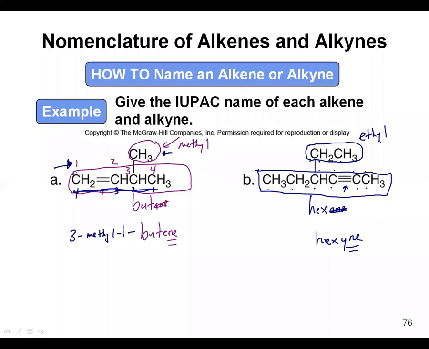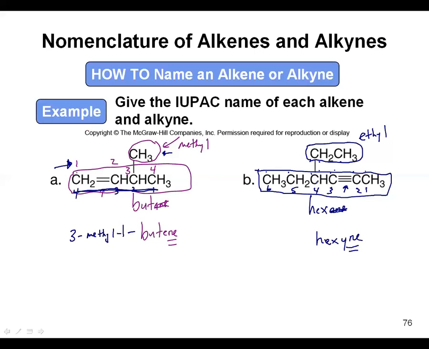Going right to left looks like it will do that. We'll go 1, 2, 3, 4, 5, and 6. Again, going right to left gives our triple bond the number 2. If we went left to right, our triple bond would end up at carbon 1, 2, 3, and 4. So again, going the opposite way gives us a smaller number.